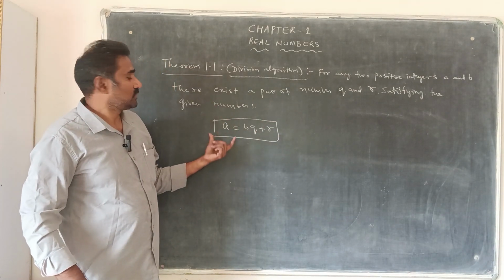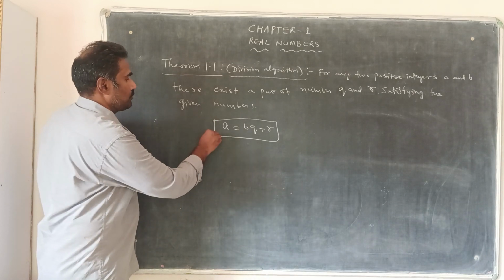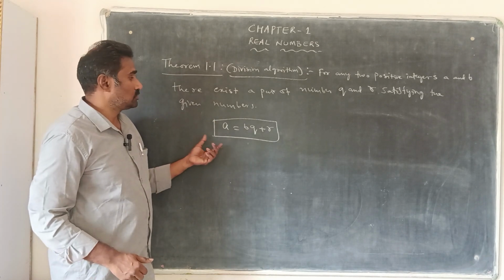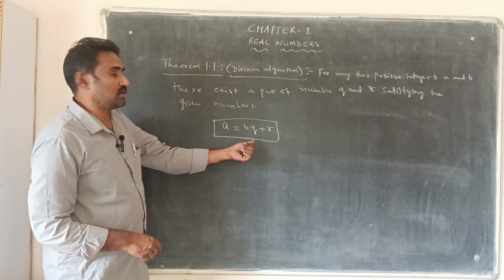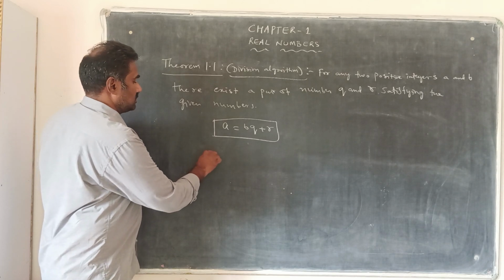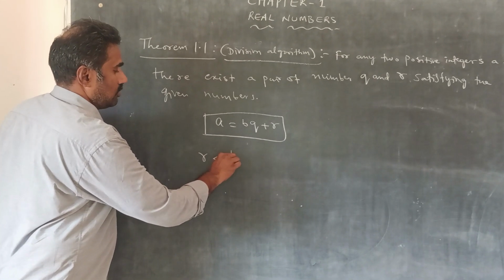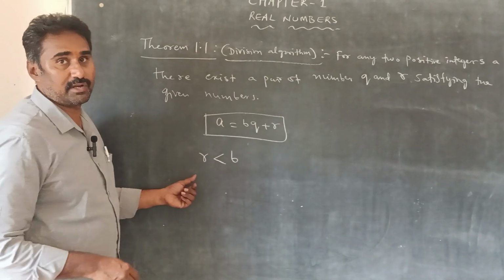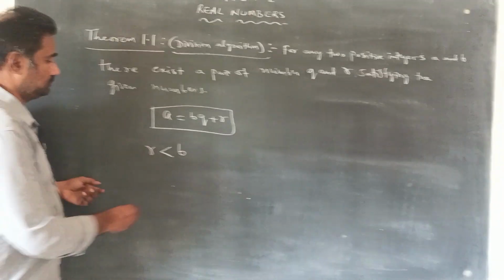Related to this is Euclid's division algorithm. You divide a given number a by a number b, then there is a quotient and a remainder. The remainder is always less than the divisor.